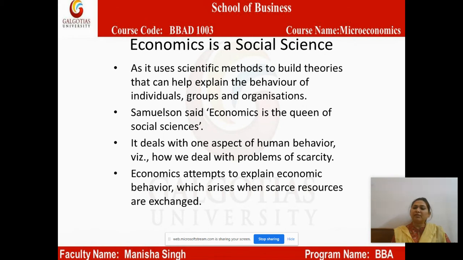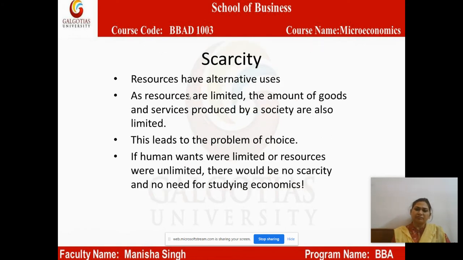Samuelson has said that economics is the queen of social sciences, and it deals with a very important aspect of human behavior and tells us how we deal with problems of scarcity. Scarcity, why? Because wants are unlimited, resources are limited. So economics attempts to explain economic behavior which arises when scarce resources are exchanged.